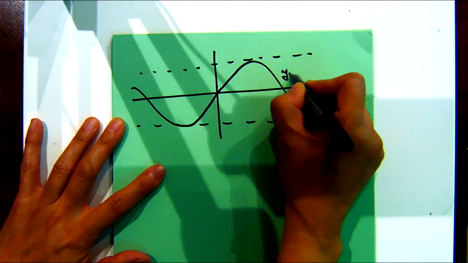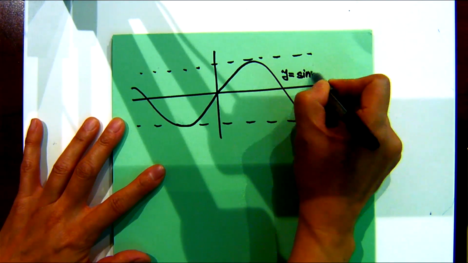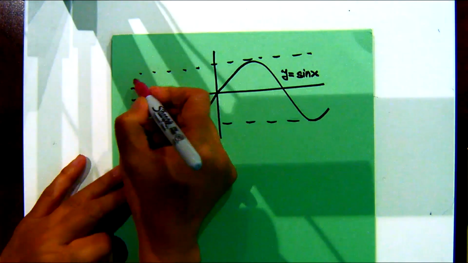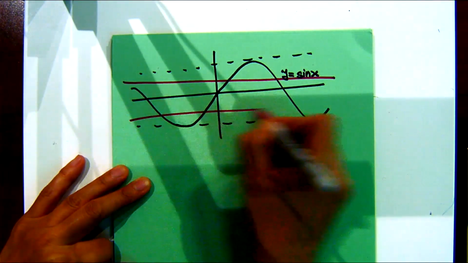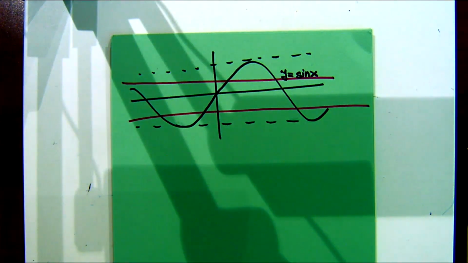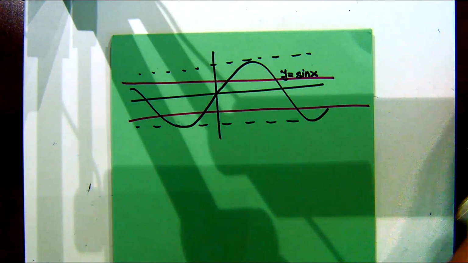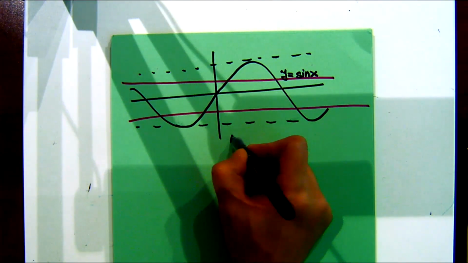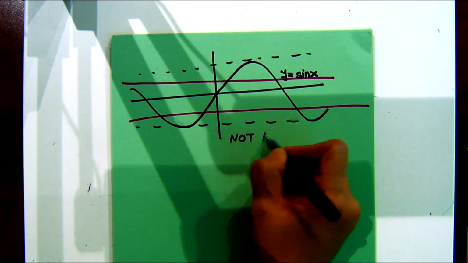This is y equals sine of x. And if you draw the horizontal line like this, then horizontal line hits the graph at infinitely many points, which means it doesn't pass horizontal line test. So we can say that sine function is not one-to-one function.